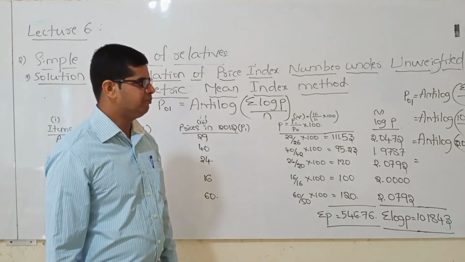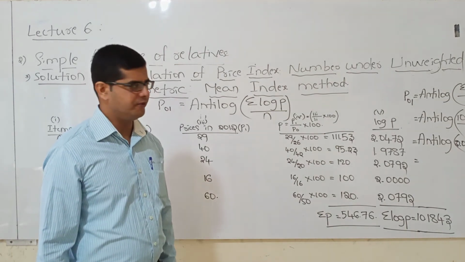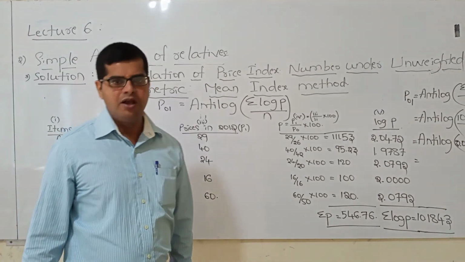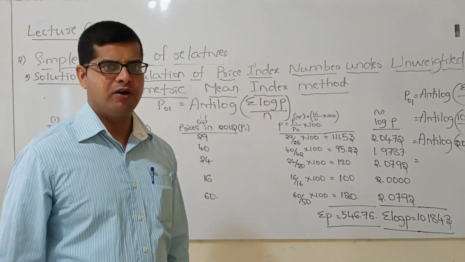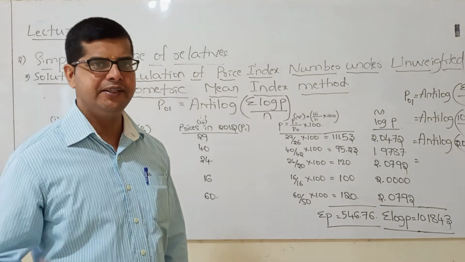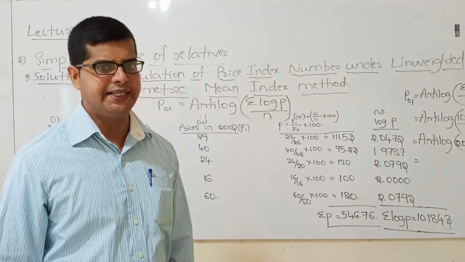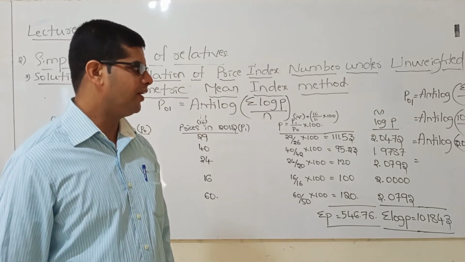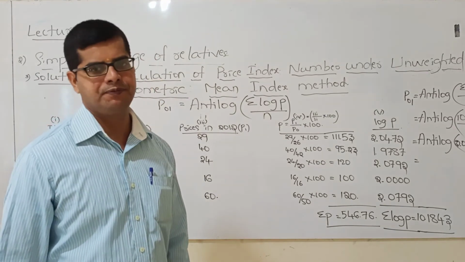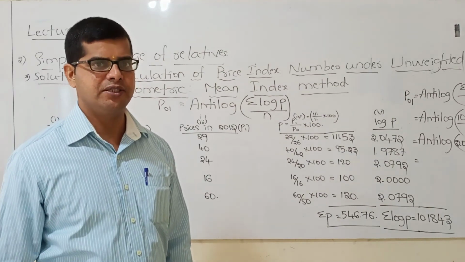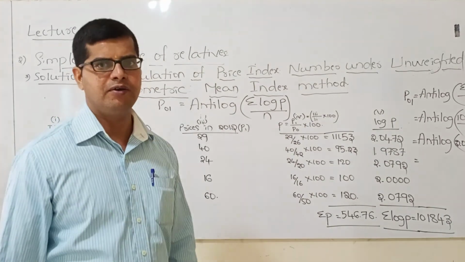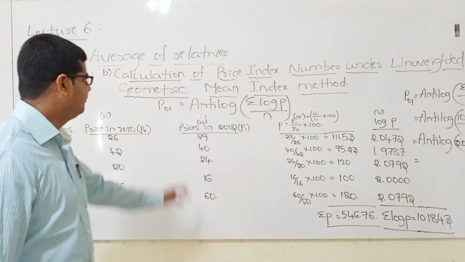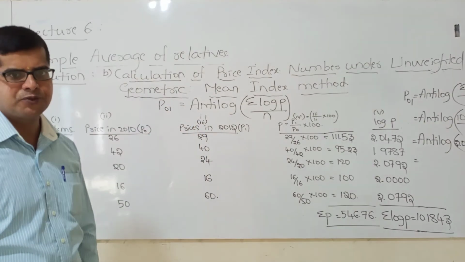That is 10.1843 divided by 5, you are getting 2.03686. Again we have to go back to our anti-log table. Again it is there in the last pages of the textbook. Once you get the value of 2.03686 by referring the anti-log table, that is the final answer for this given question under geometric mean index method.